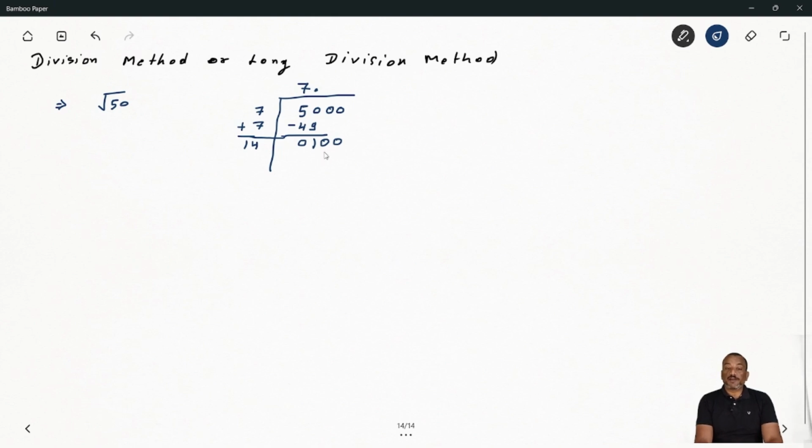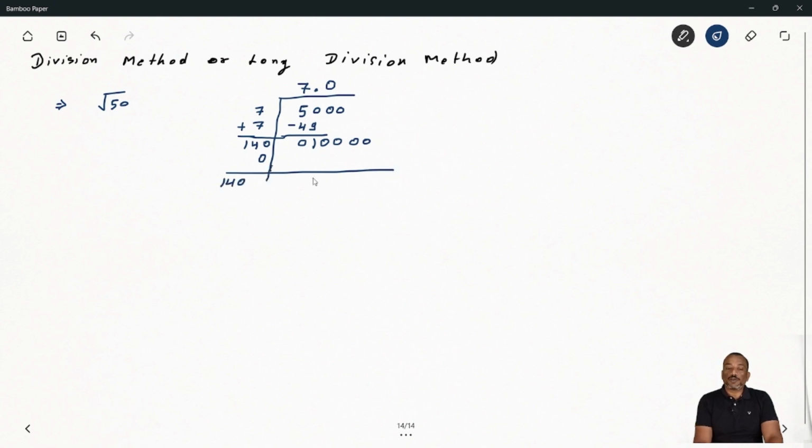By 100, if we divide with 14 and add a number, it is not possible. So we bring another pair of zeros, put a 0 in the quotient place and add 0 here. So you will get 140.